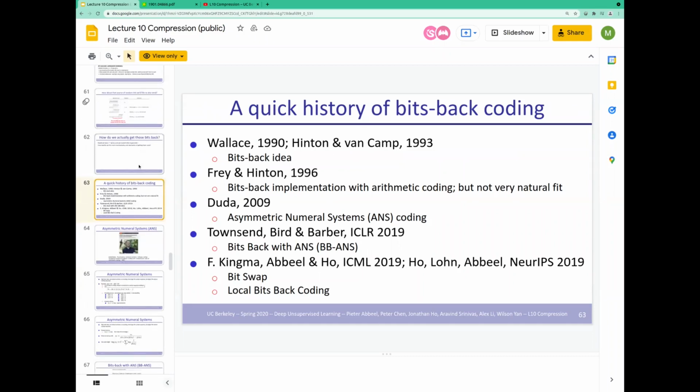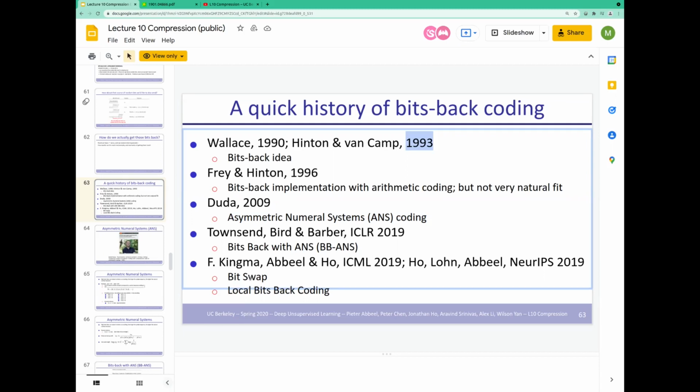Okay, and this is the history of it, and we can skip over this. I think this is the paper that I was looking at. That's over here, the bits back with ANS, but it goes back to the Hinton and Wallace 1993 time.